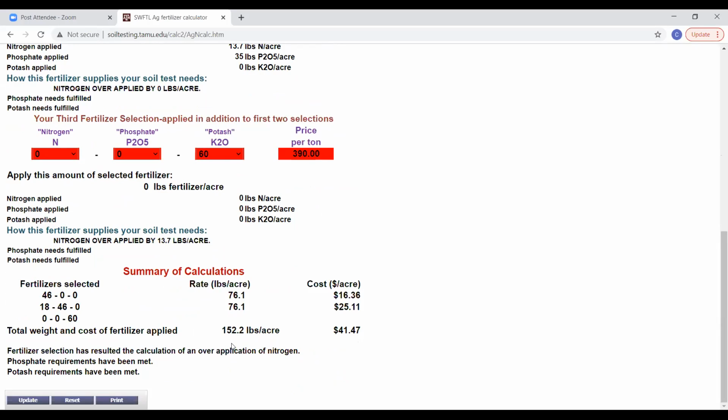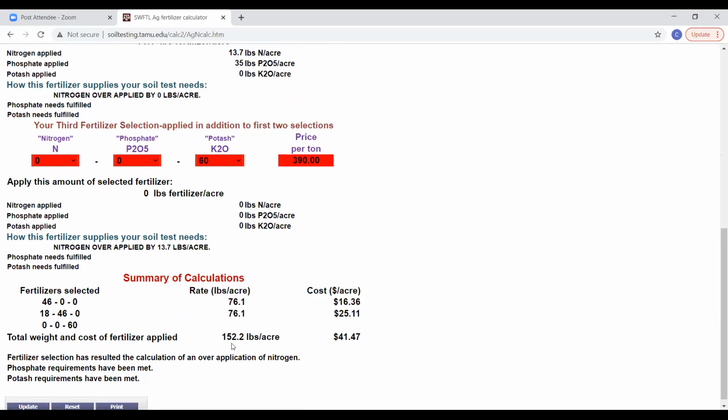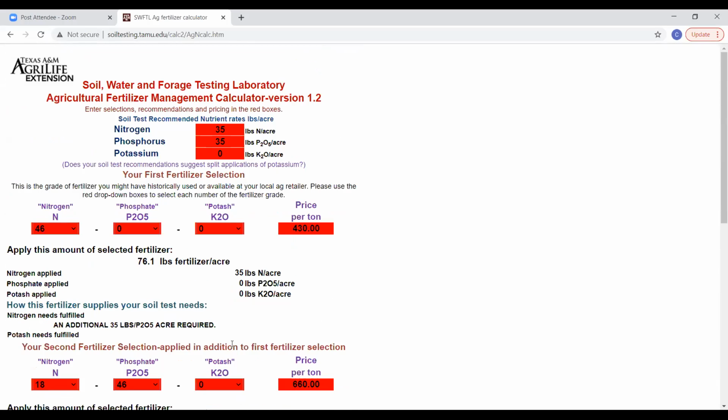So what's the blend going to look like on this? Well, we divide 152 by 100, which puts us at 1.5. So we go back up, 35 divided by 1.5, that's 23 and some change, so we'll keep it at 23. 35 divided by 1.5, we're at 23 again, and 0.